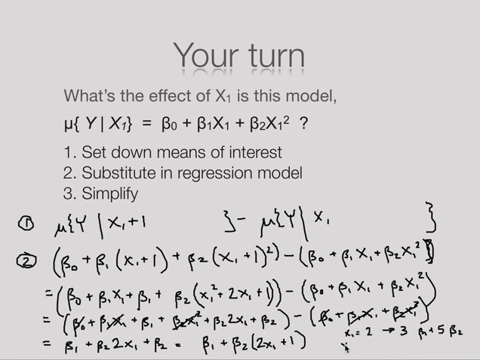But for instance, if x1 had started at the value 3 and increased to the value 4, then the effect would be beta 1 plus, if x1 was 3, that would give me 2 times 3 is 6, plus 1 is 7, 7 times beta 2. So you can see the effect here would be different depending on where x1 started, even though in both cases I'm just increasing it by 1.